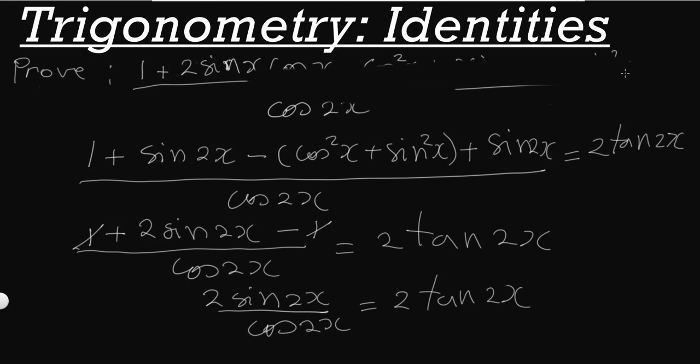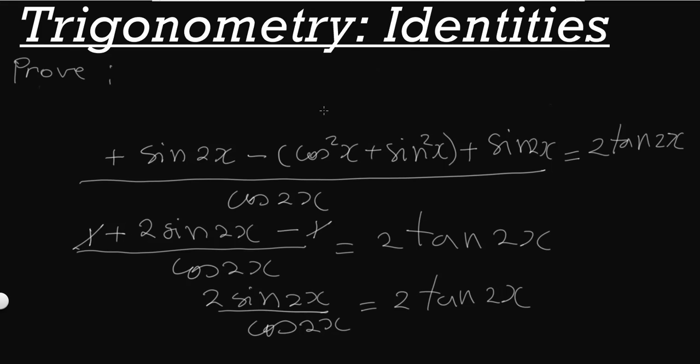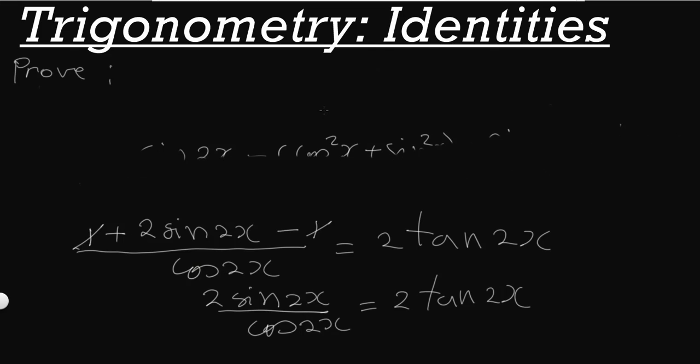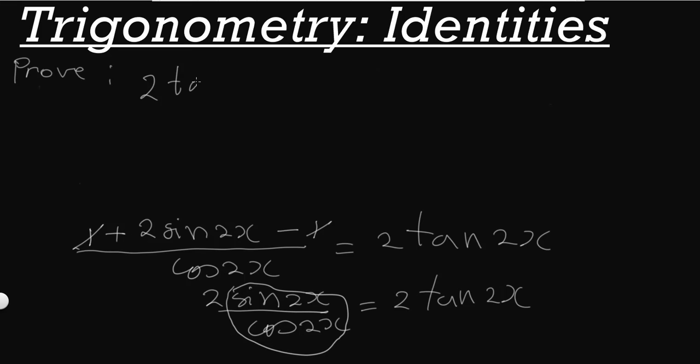If I remove all this, I think you can understand this now. What is simple now? Remember, sine over cos, sine divided by cos gives you tangent, and the angle is 2x.